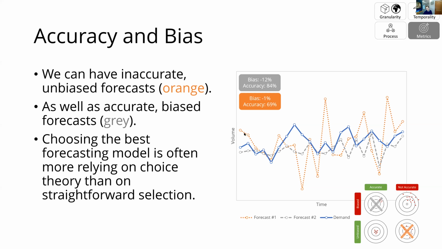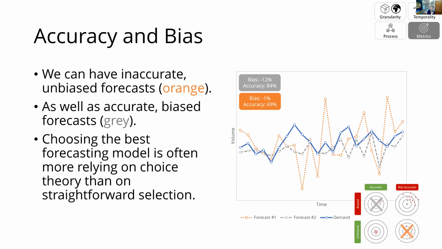One is the orange one, which is not accurate, it fluctuates a lot, right? But overall, it has the right average. On the other hand, you have the gray one, which is always or nearly always a bit too low, but it's quite close to the blue signal. So we have a first forecast that is not accurate, but not biased. And we have a second one that is accurate, but biased.